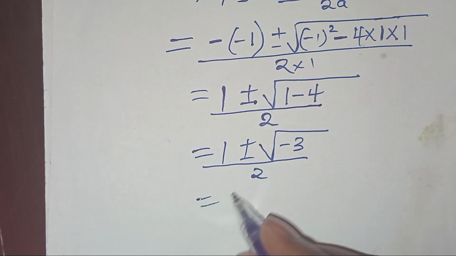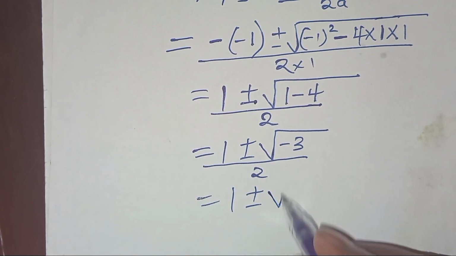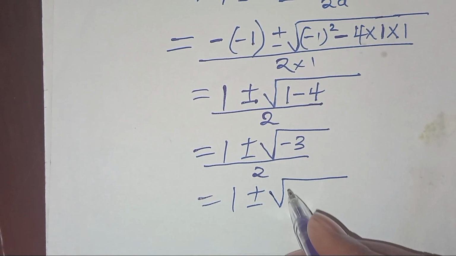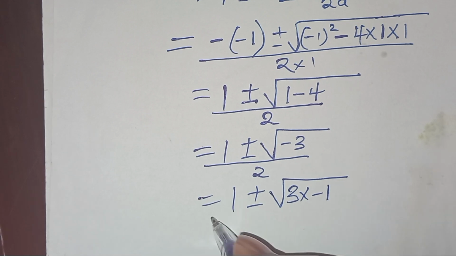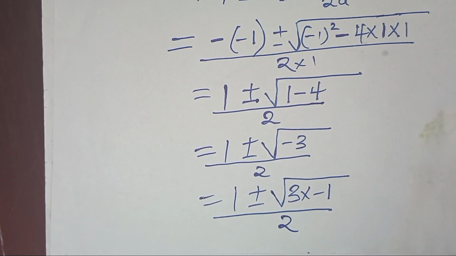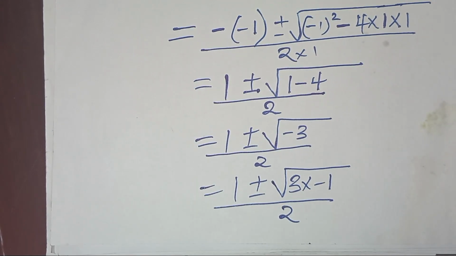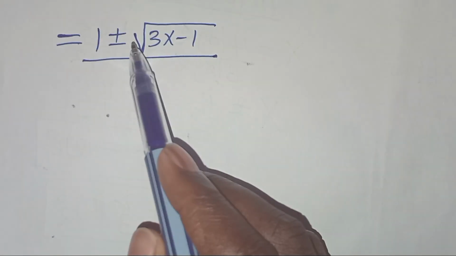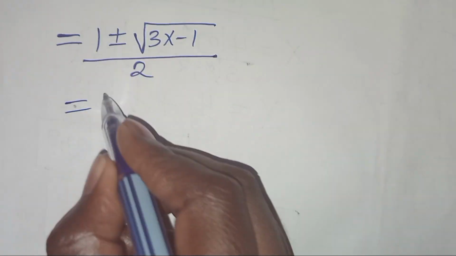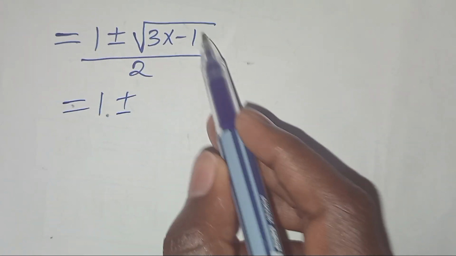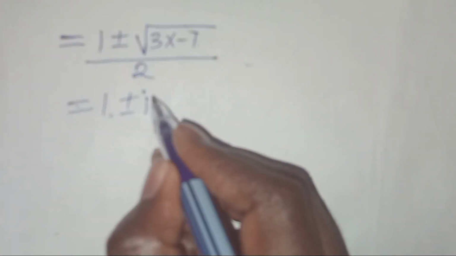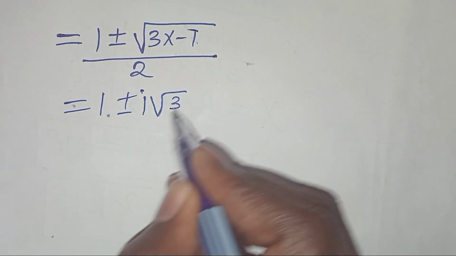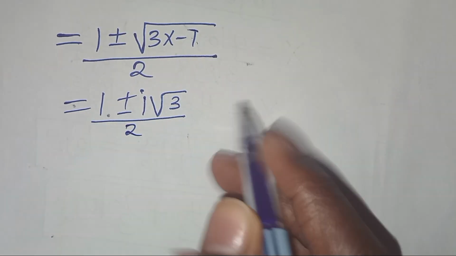Now we can express negative 3 as 3 times negative 1. So here we have 1 plus or minus the square root of 3 times minus 1 divided by 2. And this is equal to 1 plus or minus the square root of minus 1, this is i, then square root of 3 divided by 2.